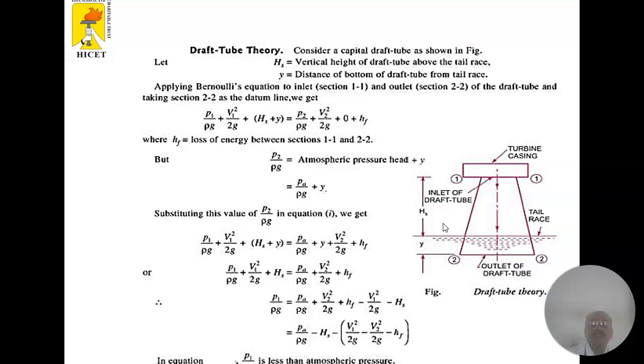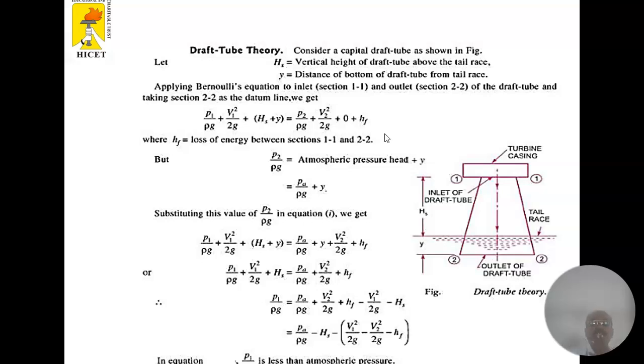So Hs means it is a suction head at the inlet of the draft tube, tail race. We have to consider the two sections, 1 and 2. So we apply Bernoulli's equation in this case. So we know these equations.